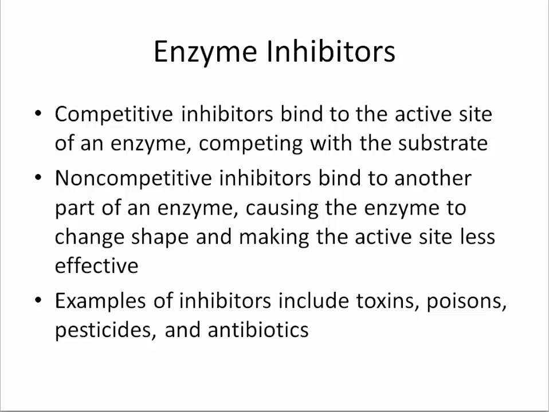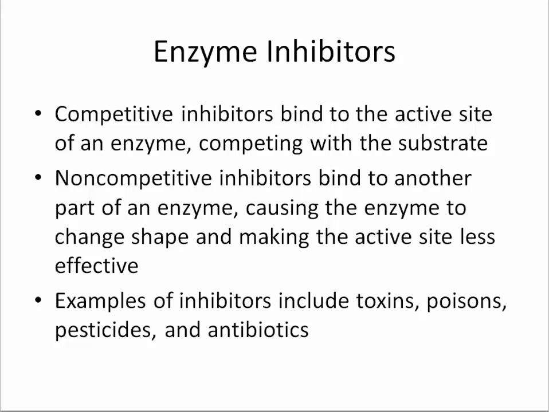But non-competitive inhibitors bind to a different part of the enzyme, but that still doesn't help, because it causes the enzyme to change its shape, and then the active site becomes less effective. Examples of inhibitors would be toxins, poisons, pesticides, antibiotics.